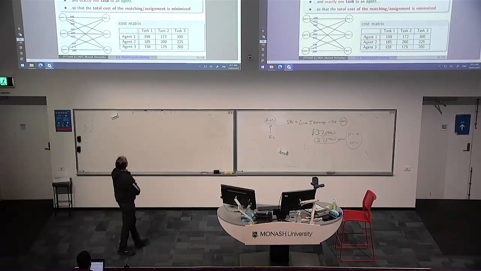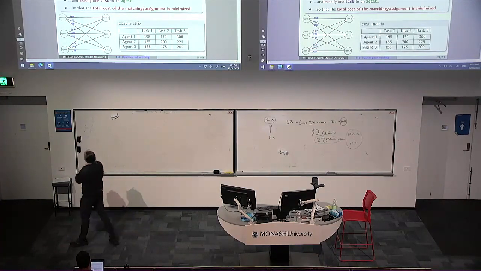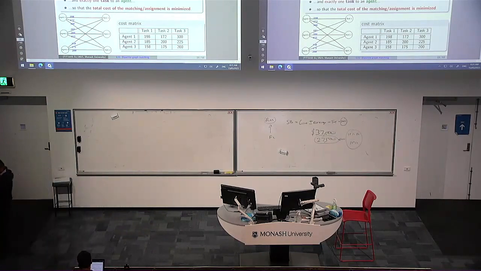So we're talking about the problem statement. The problem statement is that there are n agents and n tasks. Automatically, we know that the number of vertices modeling the agents is n, and the number of vertices modeling the tasks is n, the same number. If you assign an agent to a task, there is a certain cost, maybe the amount of money you would have to pay for the agent to complete the task.